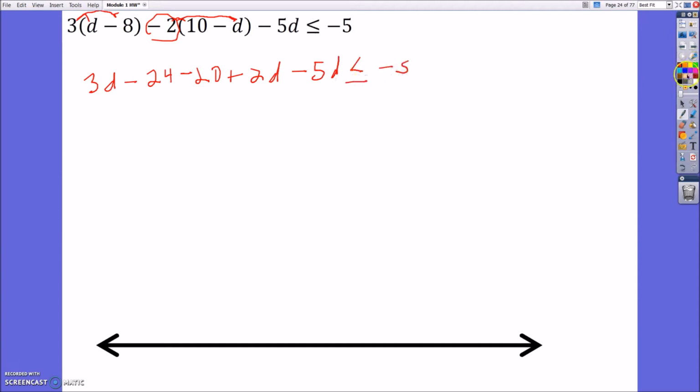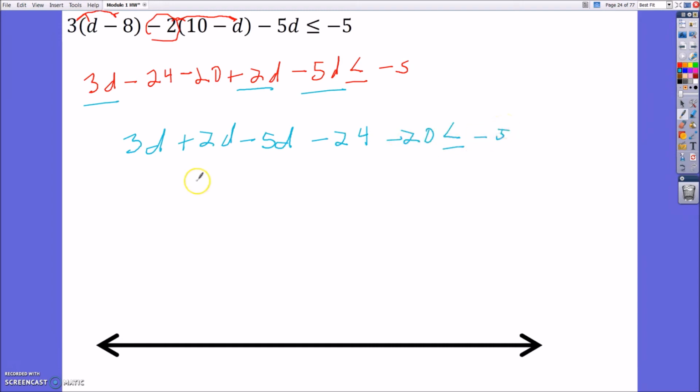All right, so let's go ahead now and start combining like terms. My like terms are 3d, positive 2d, and minus 5d. Then the constants, minus 24 and minus 20. So I'm going to have 3d plus 2d minus 5d, minus 24 minus 20, is less than or equal to negative 5.